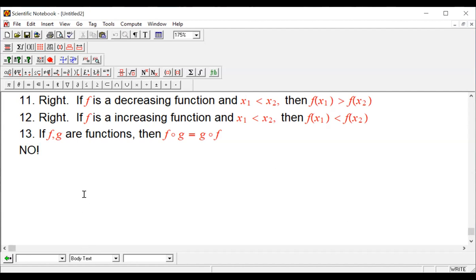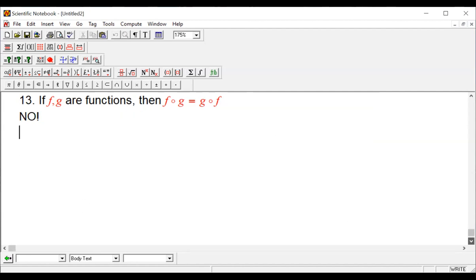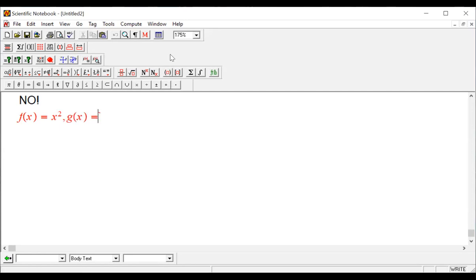I hope you remember that we had a composition case where f of x is x squared and g of x is cosine x. We once did this example, haven't we? Recall we've done this, and I think at the time I also mentioned this.